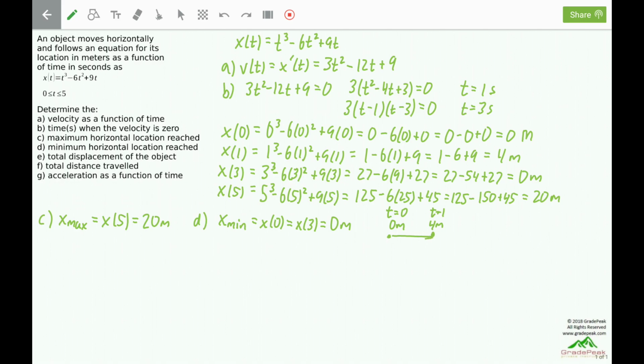And then it's turning around and it's moving back, and it's reaching back to the 0 location at a time equals to 3. It's at the 0 meter location. And then it turns around again and it moves over to a time equals to 5 at the 20 meter location.